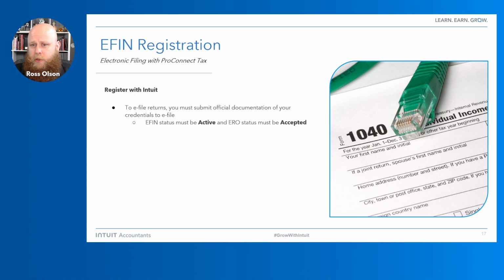It also ensures that you're not having more than one person using your EFIN within our professional tax solutions. So it's a security measure, as well as a little bit of a licensing measure too, because you're limited to one EFIN per customer account number. So you can't have multiple EFINs or multiple different firms or preparers using one product license to file returns. So a little bit of a two-part piece there.